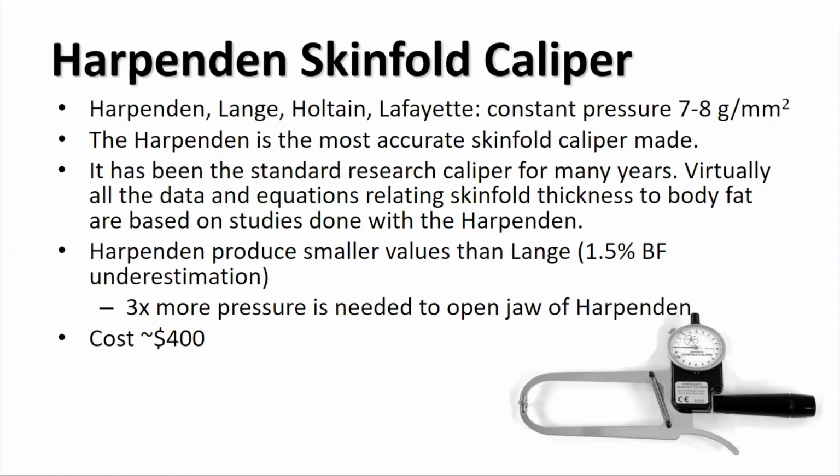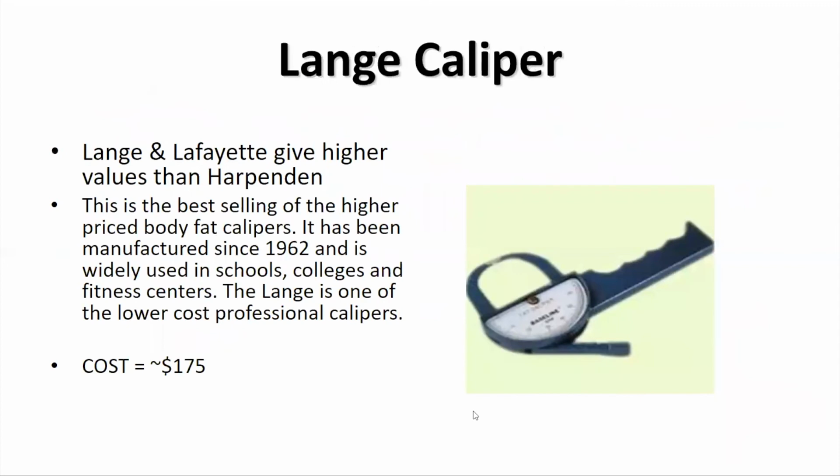So if you were in lab, you would be able to try both the Harpenden and the Lange, and you will notice that the Harpenden, or this caliper, exerts more pressure upon the jaws when this handle is let go. This is the Lange caliper, and it costs about $175.